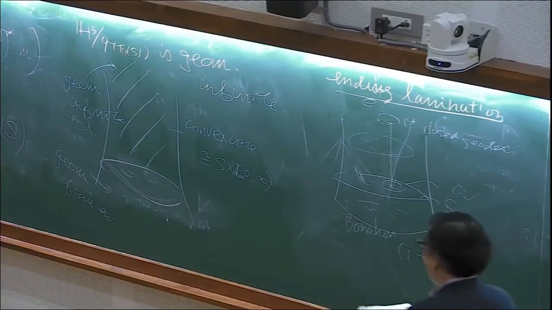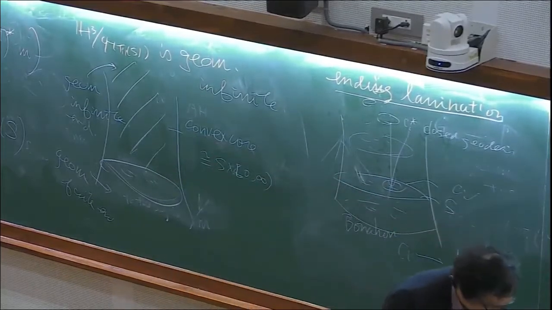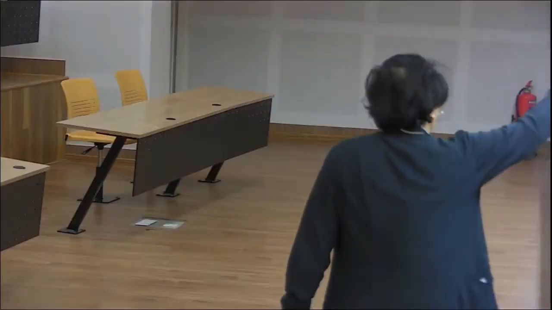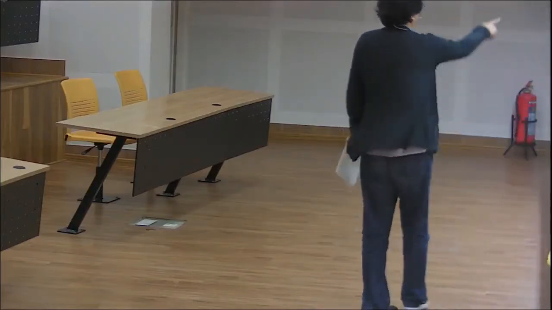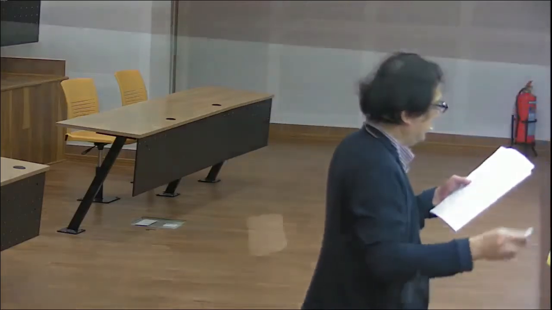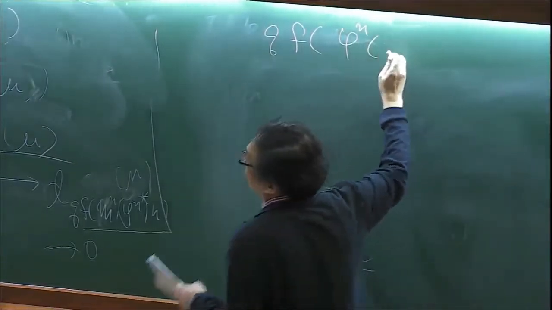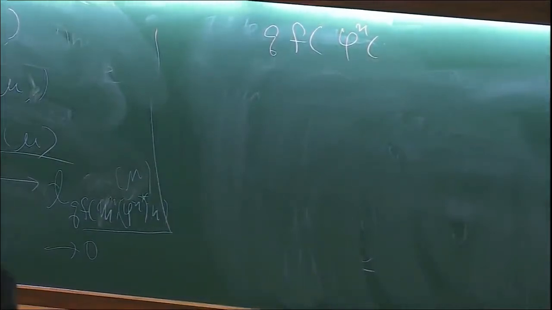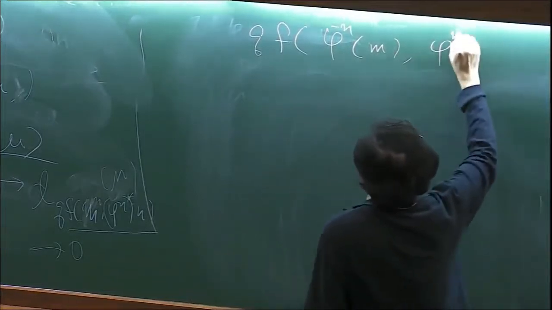So that was the first example of geometrically infinite Kleinian groups. Instead of fixing the first coordinate like that, we now move both coordinates. So we consider QF of phi minus n m and phi to the n m.